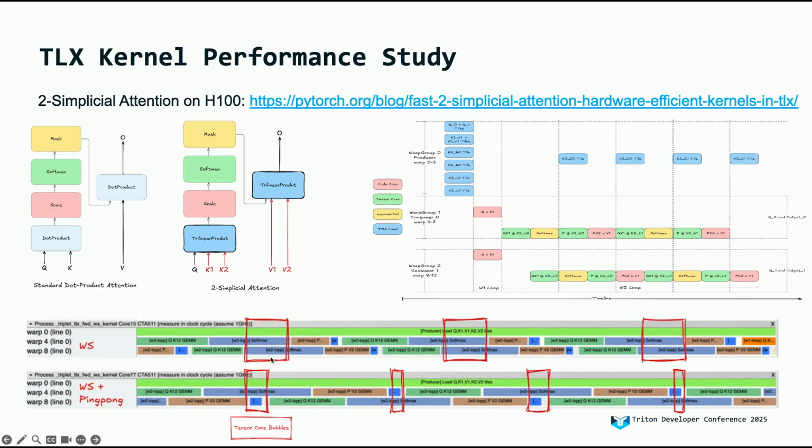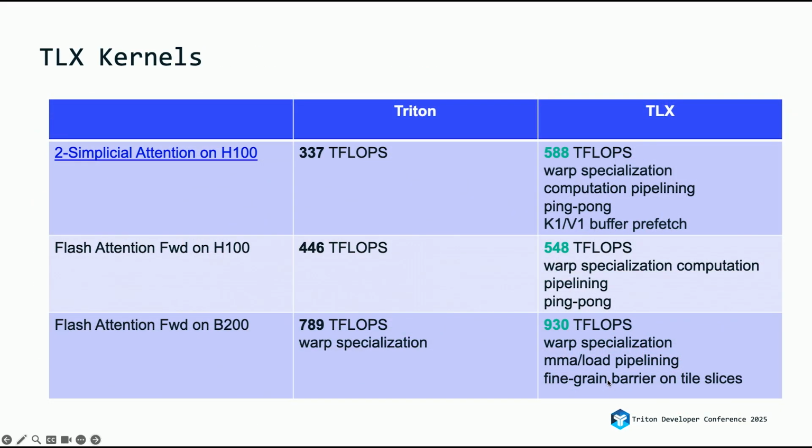The utilization isn't that high, but with ping pong, the bubble is almost gone. It's very minimized, and the softmax operation here overlaps really well with the tensor core operations, and this gives better throughput in general. Yeah, so with all those techniques, we can push up the distributed attention kernel to almost double performance.